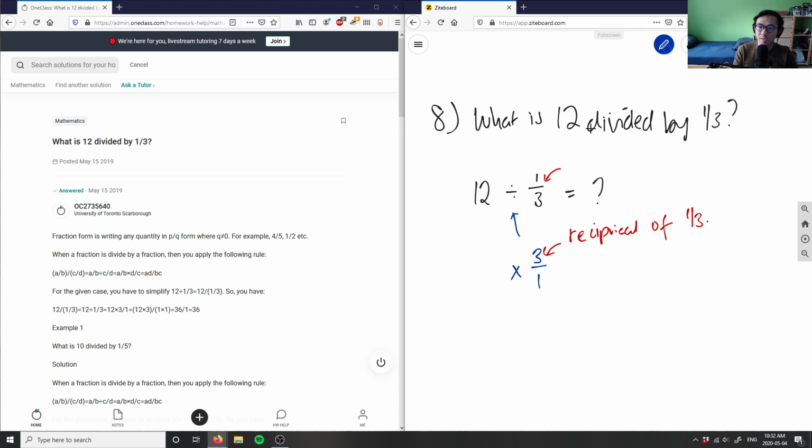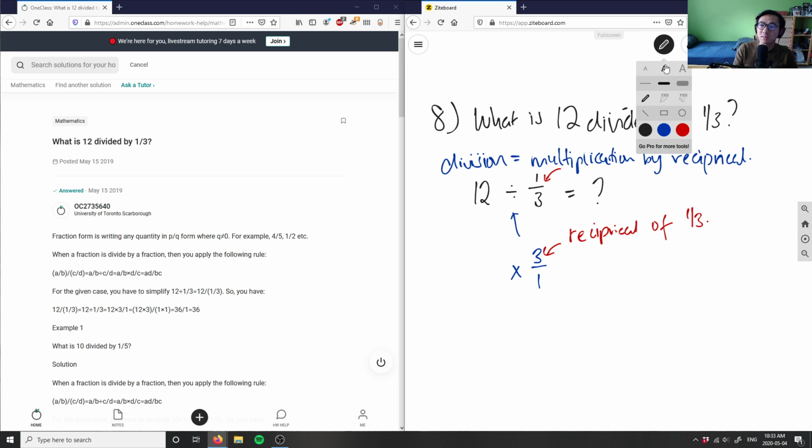So I can basically say that division is also the same as multiplication by the reciprocal. If 1/3 becomes 3/1, then we simply have 12 times 3/1, because we changed it to multiplication.